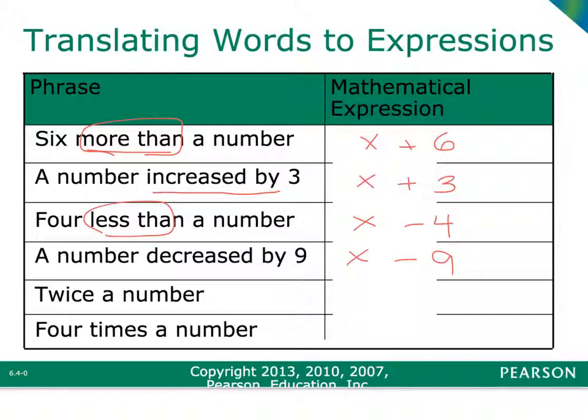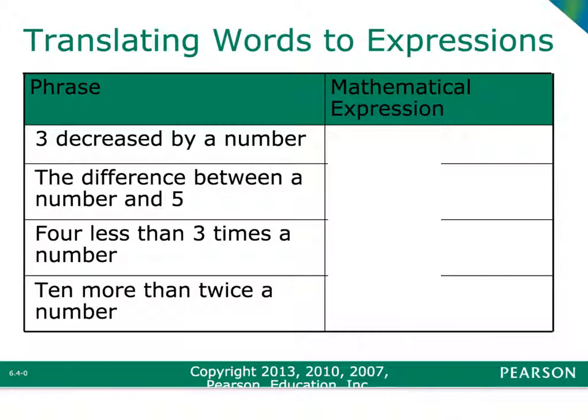Twice a number is multiplication, where you would take the number and multiply it by 2. 4 times a number, again, multiplication. 3 decreased by a number would be 3 minus x. The difference is subtraction, the difference between a number and 5.